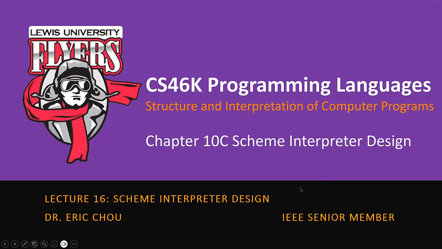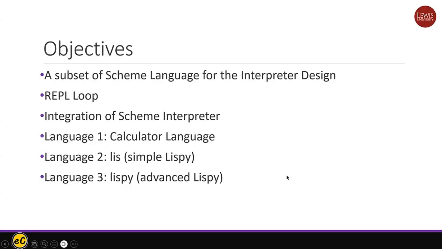This last lecture will be the final concept of putting everything together for your interpreter, including a loop, the integration of the scheme interpreter, and then we look at the three languages, the calculator language, the simple Lisp language, and the advanced Lisp language, to put the whole thing together as an interpreter.